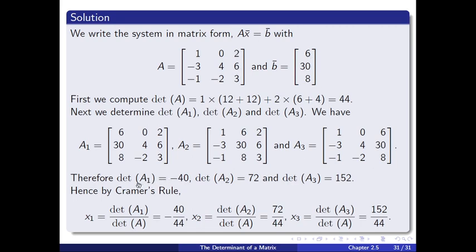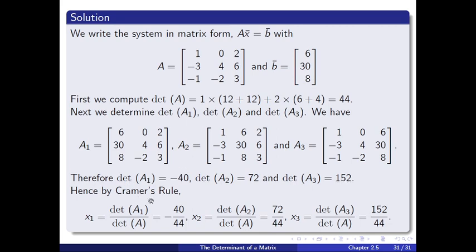So if we find the determinant of A1, we see that it's minus 40. You can expand using the first row, and for A2 you can choose whichever you want because there are no zeros anyway. We get 72, and for A3 you can expand using the first column or the first row or the second column, and you see that the determinant is equal to 152.